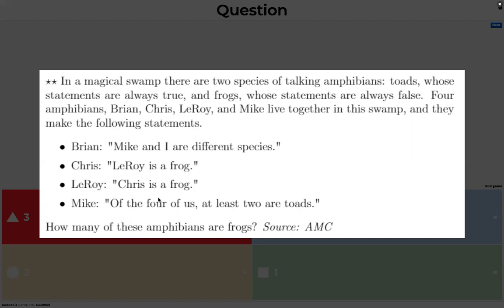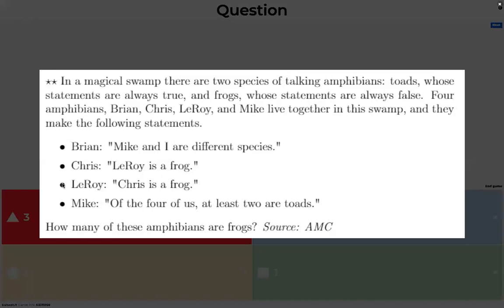Right, so Chris or Leroy, one of them is a frog, but not the other one. And then Brian and Mike must both be frogs. Usually with logic problems like this, you can just assume that one statement is true and see if the others make sense, or assume it's false and see if the others make sense.